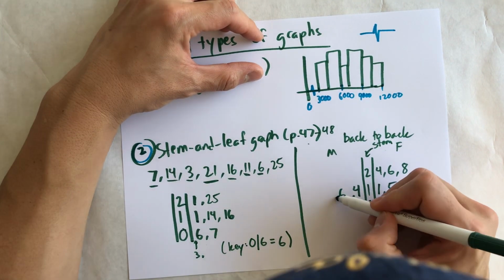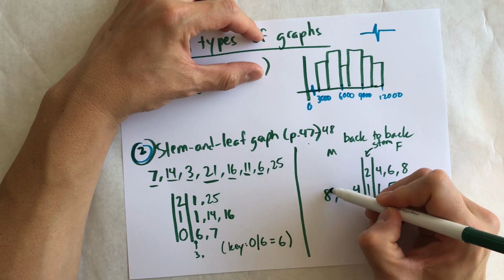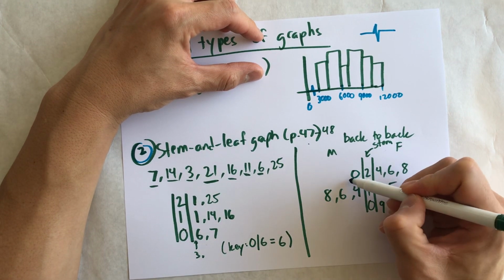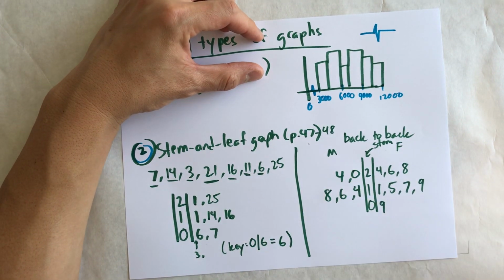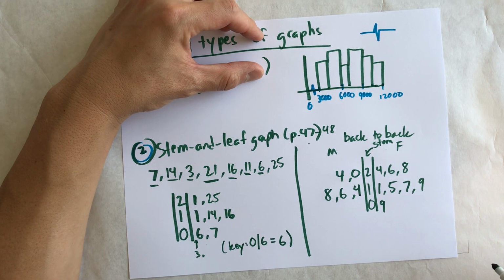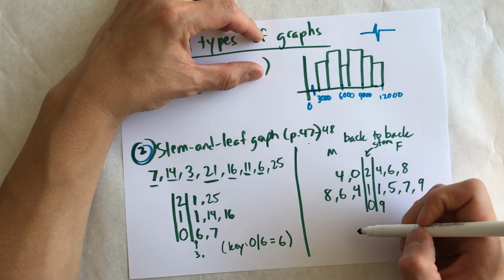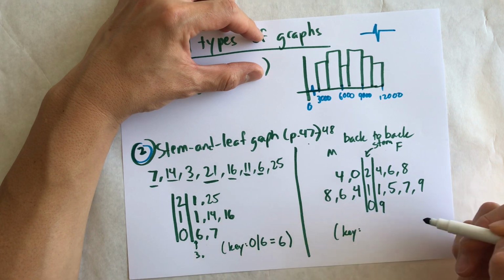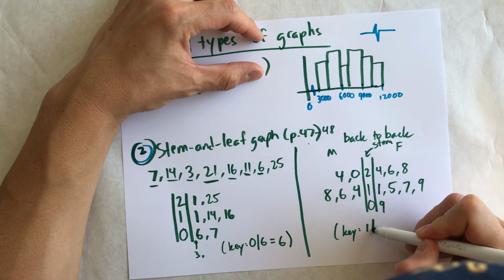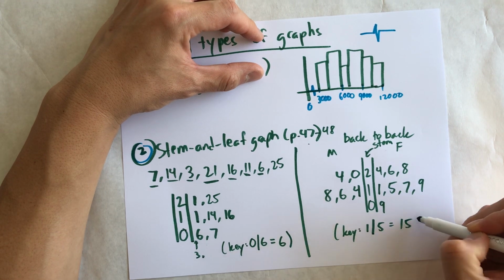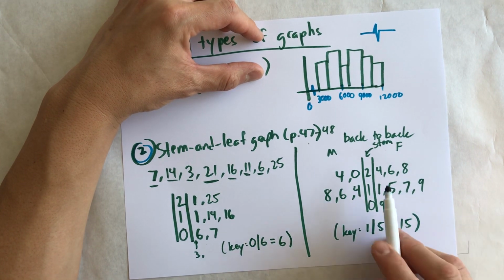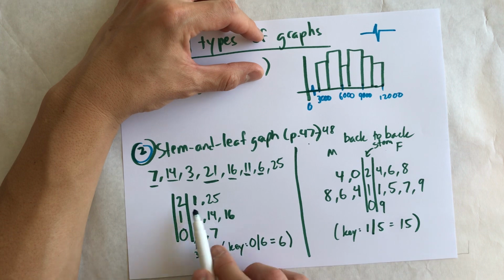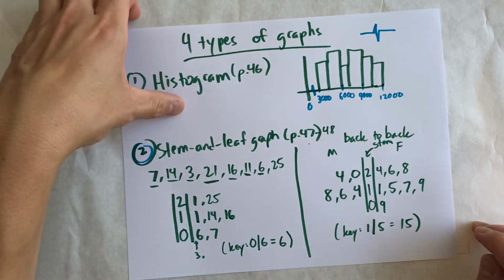So we have 6, and maybe an 8, and then a 0, and a 4, etc. Same thing, you want to make a key. So for your key, you can say that 1 with a line 5 equals 15. Okay, so this is a back-to-back stem and leaf plot. This is just a standard stem and leaf plot. All right, let's go to the next type.